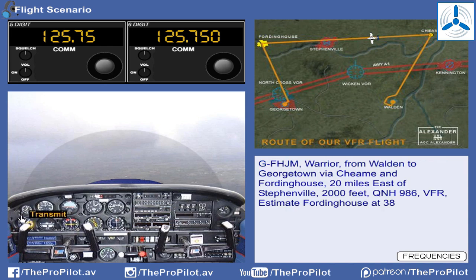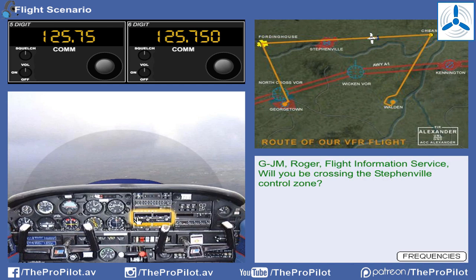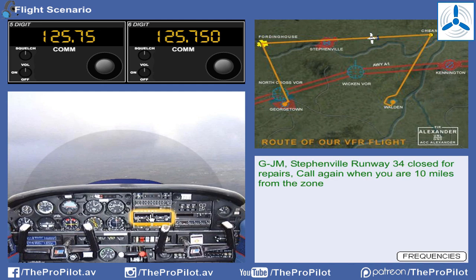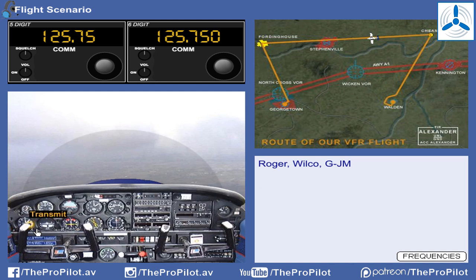Golf Foxtrot Hotel Juliet Mike, Warrior from Walden to Georgetown via Cheam and Fording House, 20 miles east of Stephenville, 2,000 feet, QNH 986, VFR, estimate Fording House at Tree 8. Golf Juliet Mike, roger, Flight Information Service, will you be crossing the Stephenville control zone? Affirm, Golf Juliet Mike. Golf Juliet Mike, Stephenville runway Tree 4 closed for repairs. Call again when you're 10 miles from the zone. Roger. Wilco, Golf Juliet Mike.